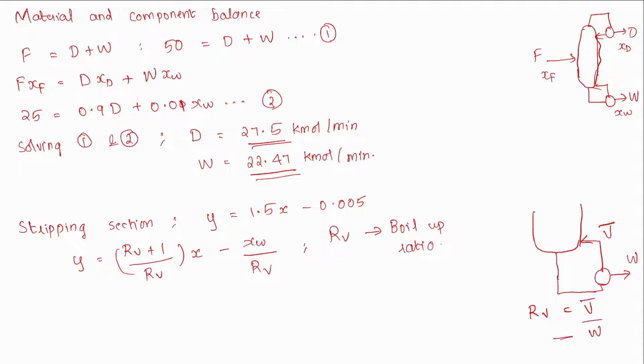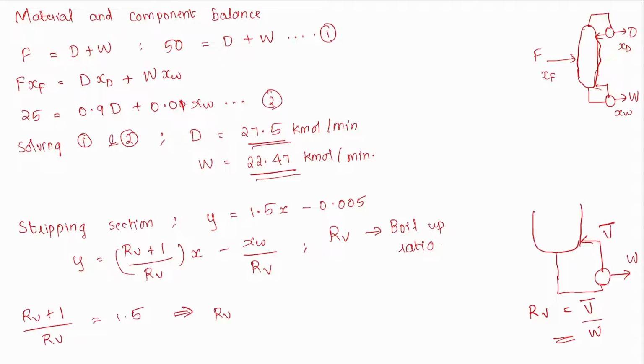So Rv is the ratio of V bar by W, which is the ratio of the vapor going back into the distillation column divided by the residue. Comparing these two equations, we can say that (Rv plus 1) by Rv is equal to 1.5.